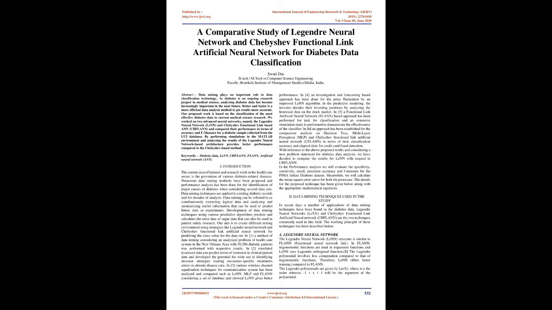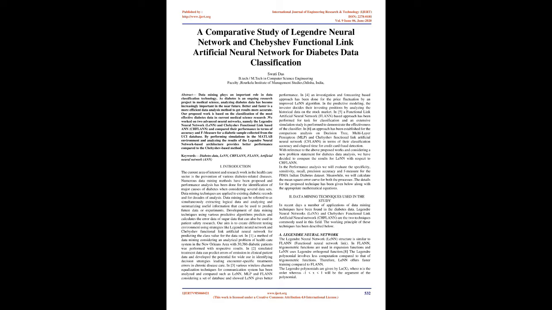Data mining can be referred to as simultaneously extracting logical data and analyzing and summarizing useful information that can be used to predict future data or experiments. Development of data mining techniques using various predictive algorithms predicts and calculates the error data of sugar data that can also be used in patient safety research.